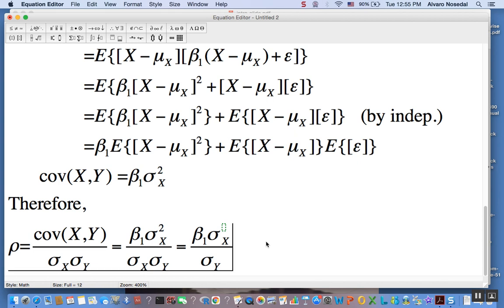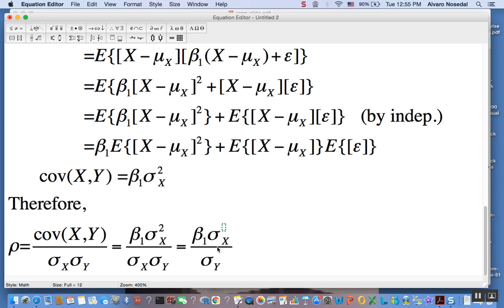So what we have shown is, in this case, for this modified version of the simple linear regression model, where now we consider the predictor variable x a random variable, if x and y are random variables, we get to compute the covariance between them and the correlation coefficient, rho.